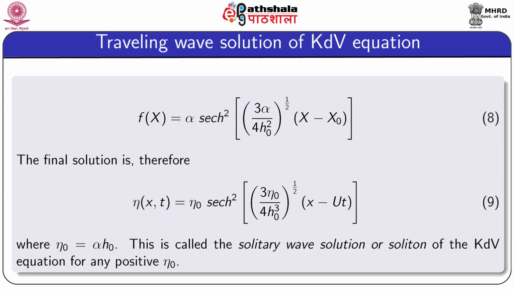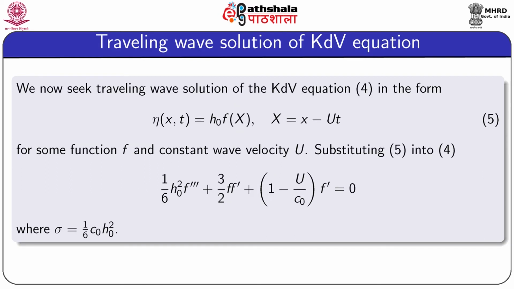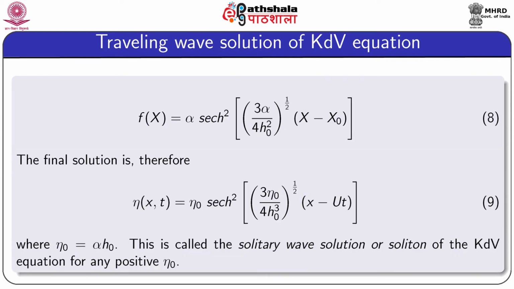And the final solution, that means the value of eta: there is a relation between eta and f. This is the relation which is written in equation number 5, eta equals H0 into f(X). So, the expression for eta becomes eta 0 into sech square of (3 eta 0 by 4 H0 cube) to the power half into (x minus ut), where eta 0 is defined as alpha into H0.